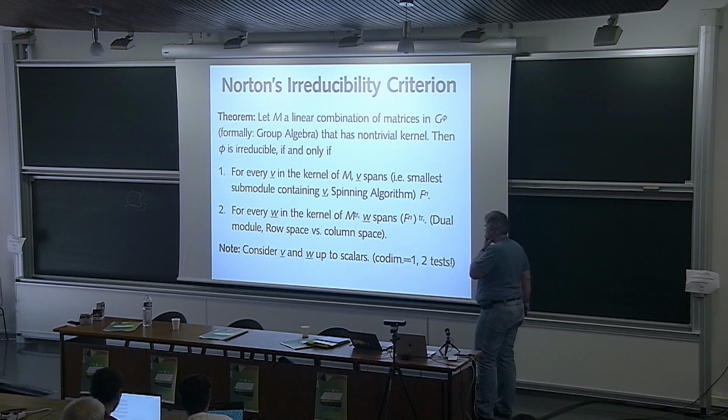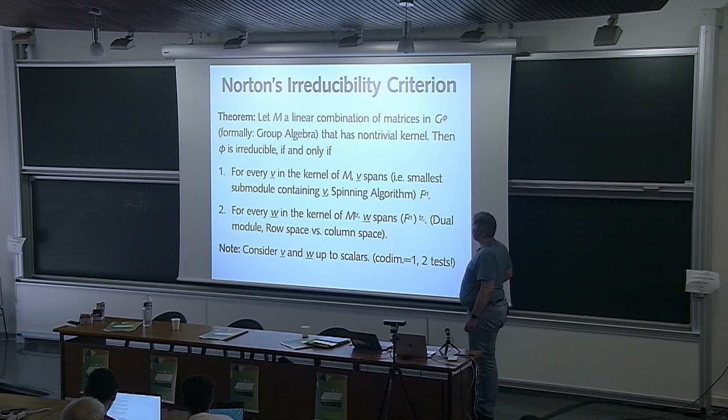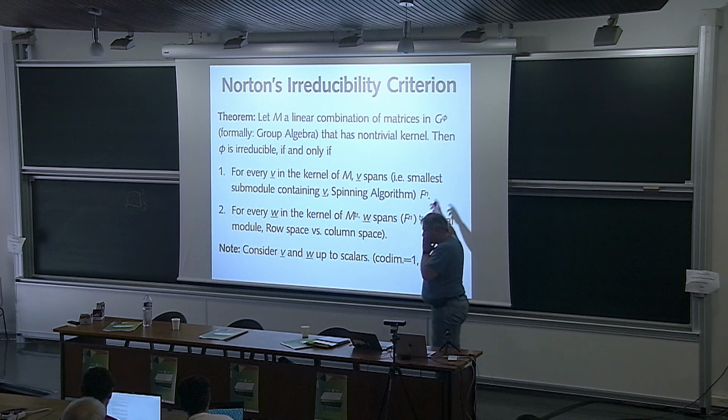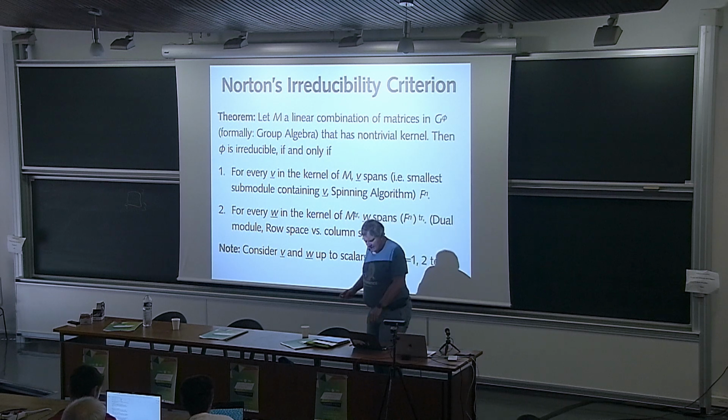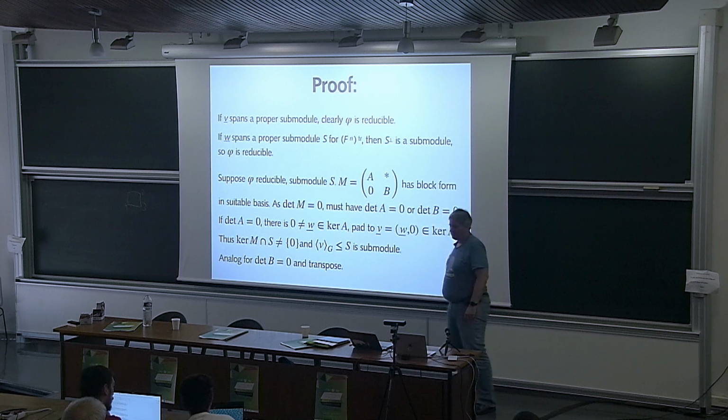And formally, this is something in the dual module, but really one can look at it just in the matrix case. Okay. That looks somehow strange as a criterion, so let me show you the proof, because the proof is really very easy.